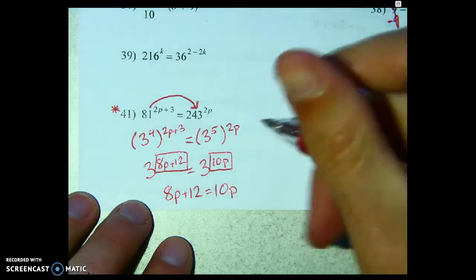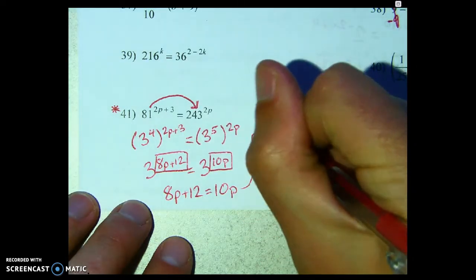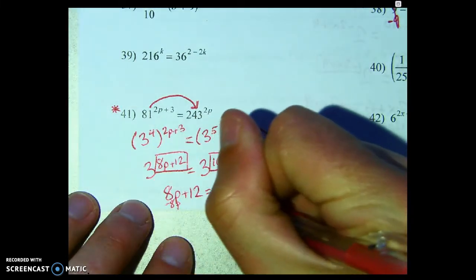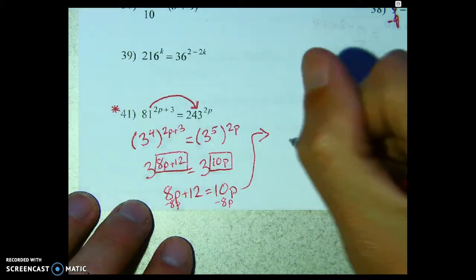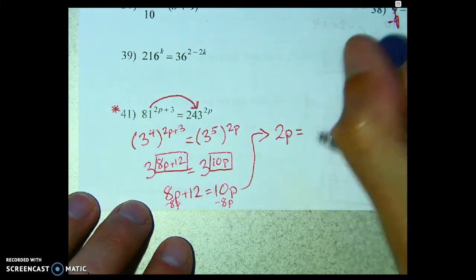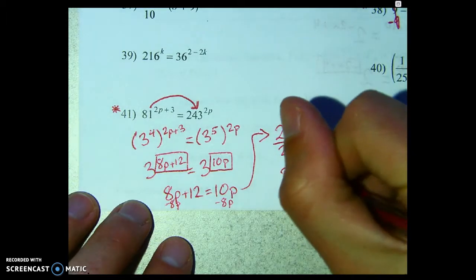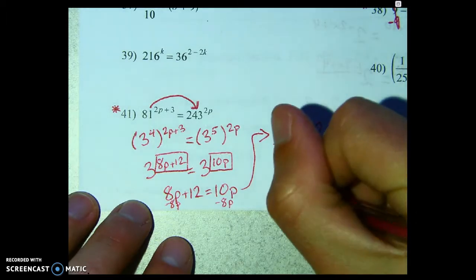Okay, so subtract 8p from both sides. If we subtract 8p from both sides, we end up with 2p on one side equals 12 on the other. Divide both sides by 2, and we get p equals 6.